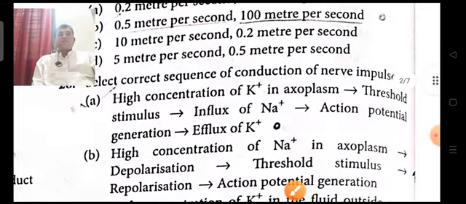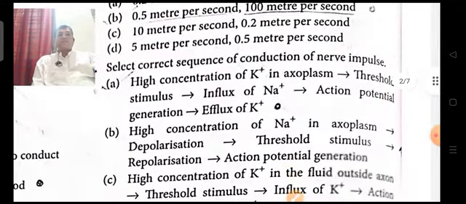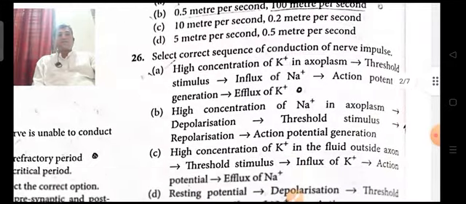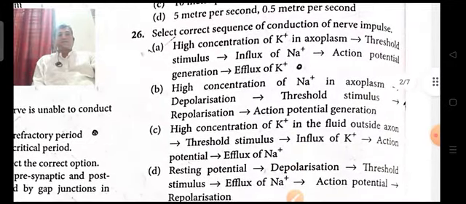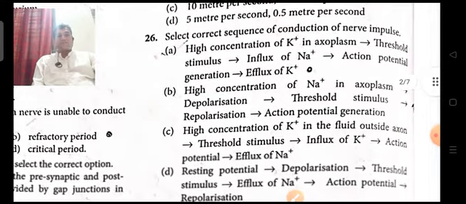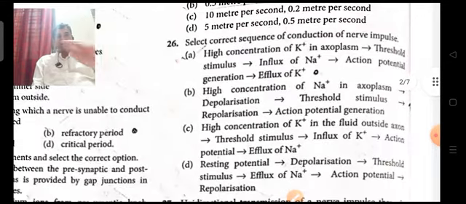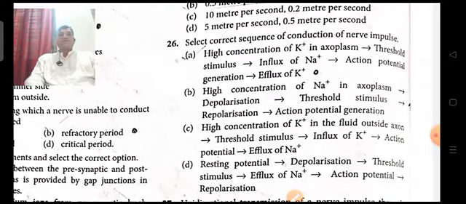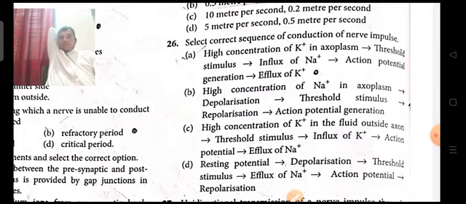Next, select the correct sequence of conduction of nerve impulse. So here we need to go with the correct method.